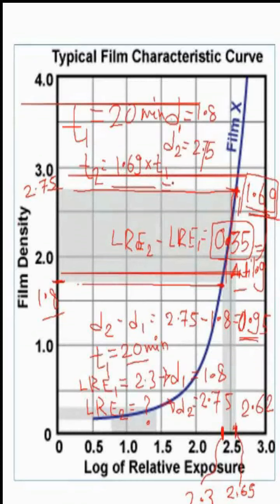So if you take 1.69 into 20, whatever this time is, if you give an exposure of this time, you will probably get a density of 2.7 on the radiographic film.